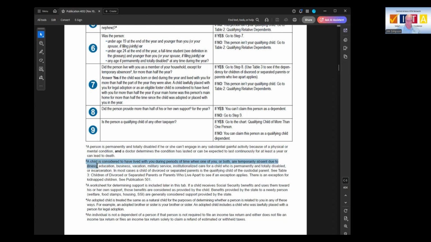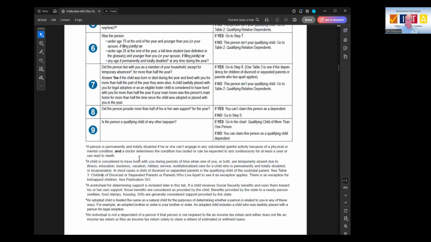Maybe they were in the hospital for months. Education, that was the example I gave you. They're away on business at a temporary job for 7 months, vacation, military service, institutionalized care for a child who's permanently and totally disabled, or incarceration.